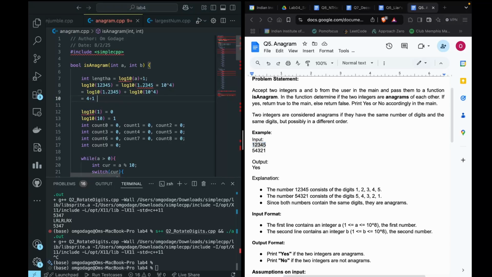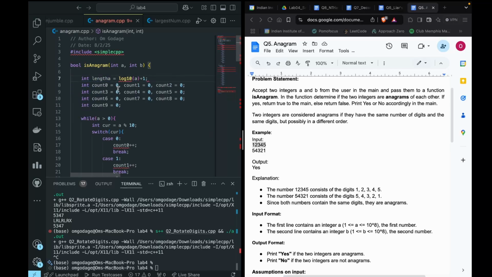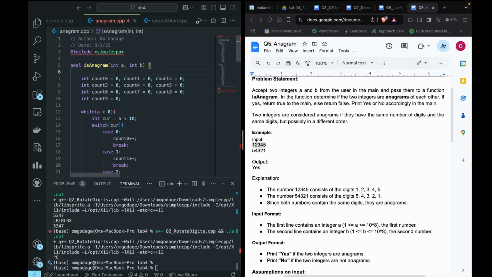So you do 4 plus 1, which gives you 5, the length of this particular number. This is a fast way of doing it. Otherwise you can also write a while loop or a for loop as I did before in the same tutorial. You can find the sum and the product of the digits and make sure that the lengths are the same. You can solve it that way.